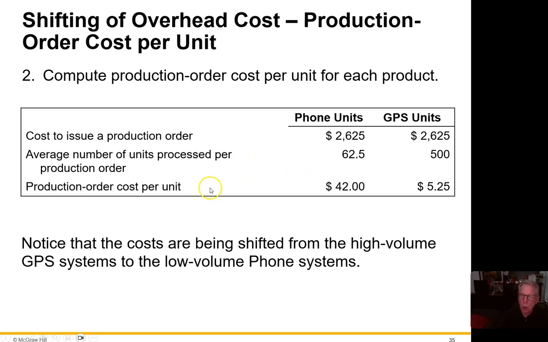So the production order cost per unit is a whopping $42 for the phone units, while it's only $5.25 for the GPS unit. So you again notice that the costs are being shifted from the high volume GPS systems to the low volume phone systems.